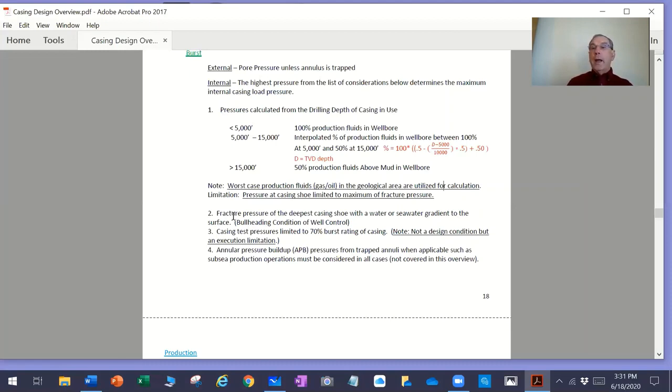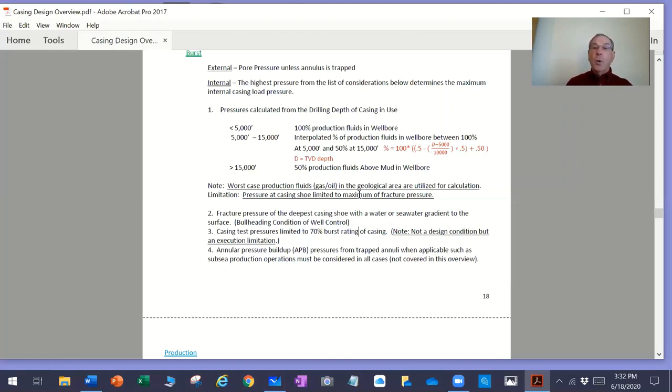The boat is supposed to be bringing you barite to the rig, and the boat has a breakdown, or it gets a rope in the wheel and can't get to your location, or the weather's bad and you can't tie the boat up. Something that you can always do to control the well is pump water into the well.